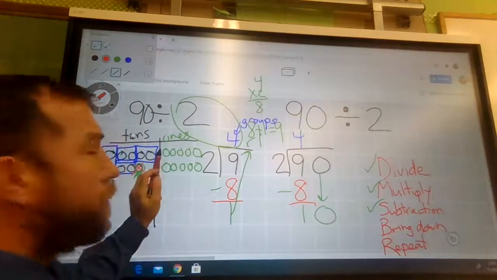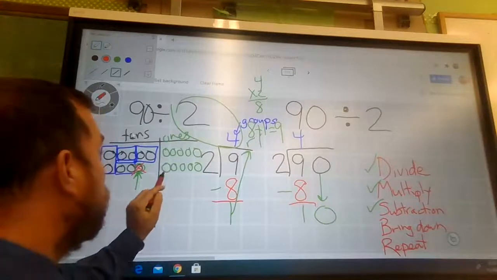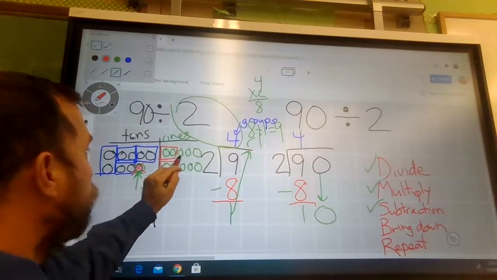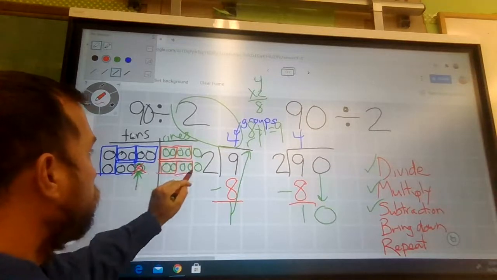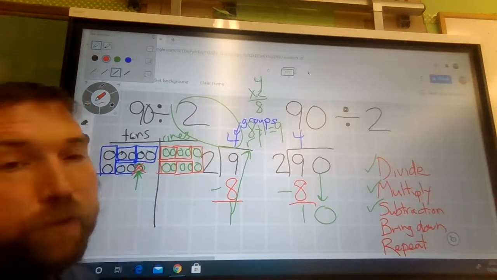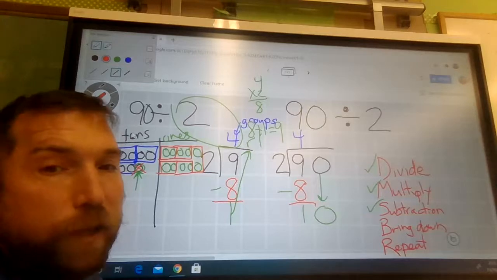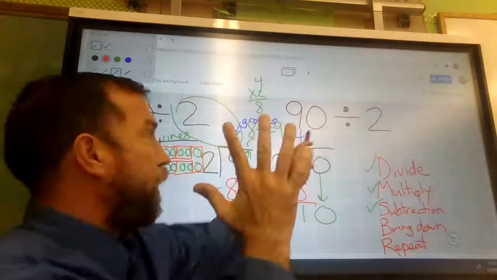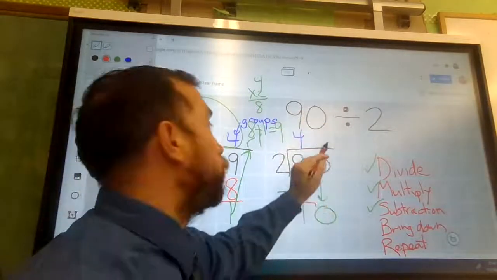Now, if I have 10 more kids, how many groups of 2 can I make? There's 1, 2, 3, 4, and 5, because 5 times 2 makes 10. So the number of groups goes up top. That was 5 groups.